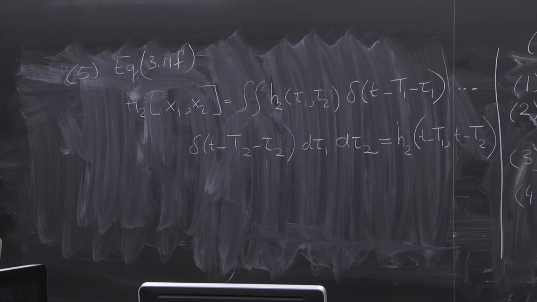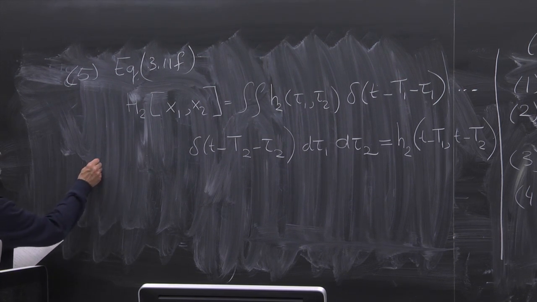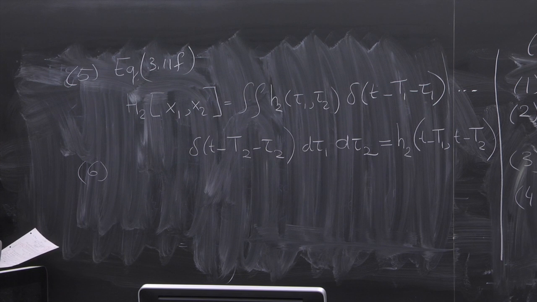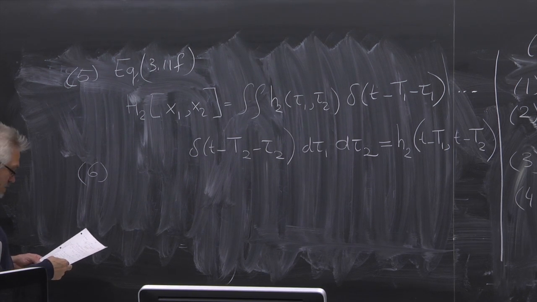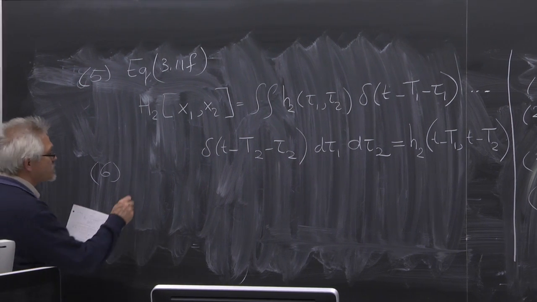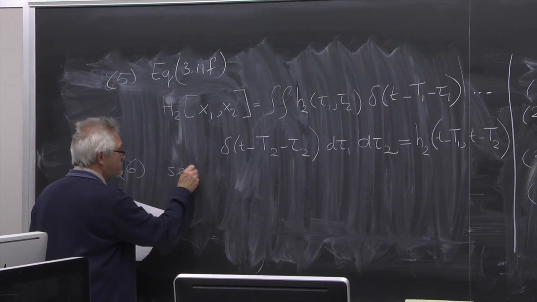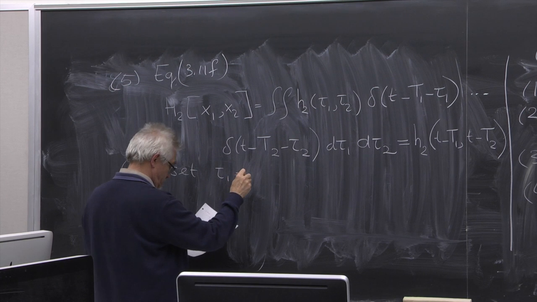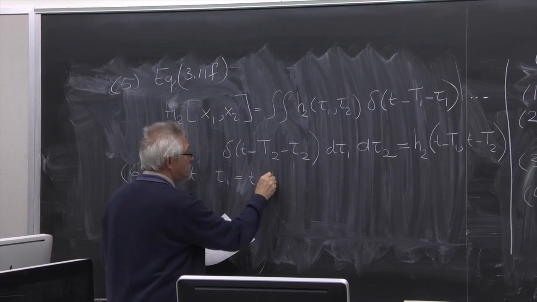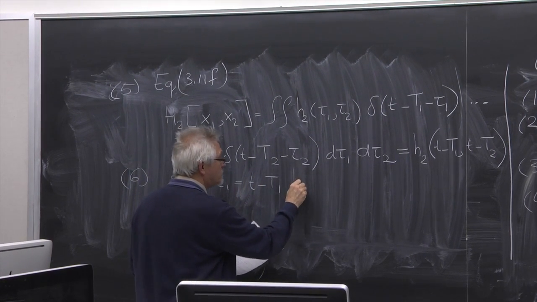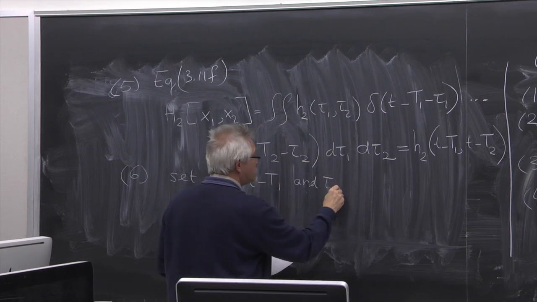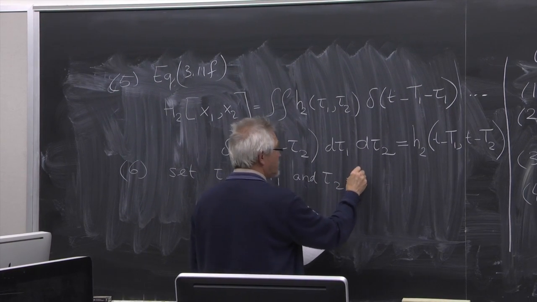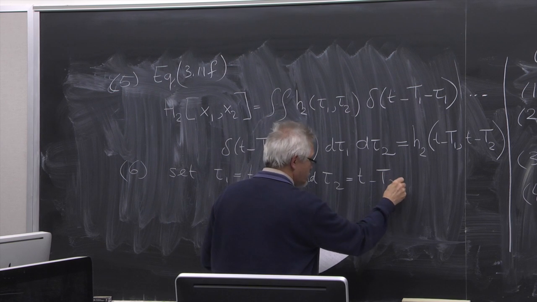And now I'm there, because now as a final step, I am going to substitute or set tau 1 equal to t minus t1 and tau 2 equal to t minus t2.